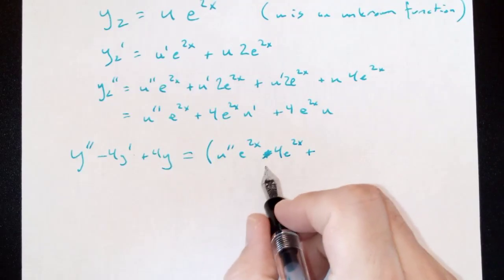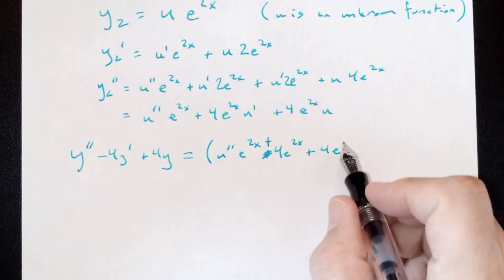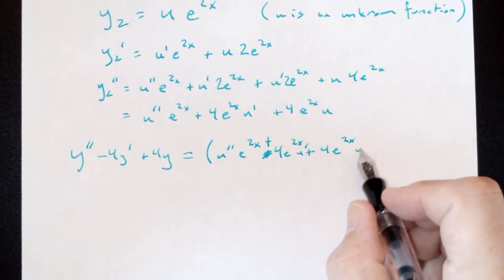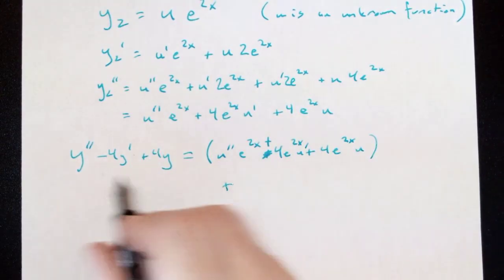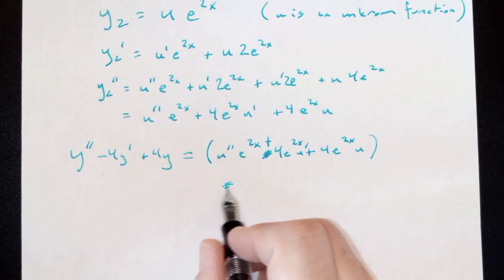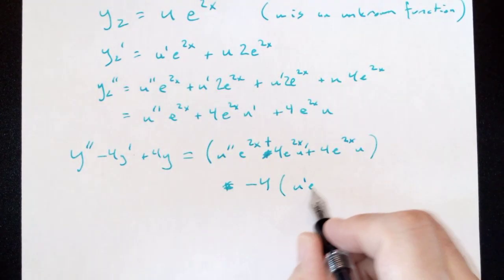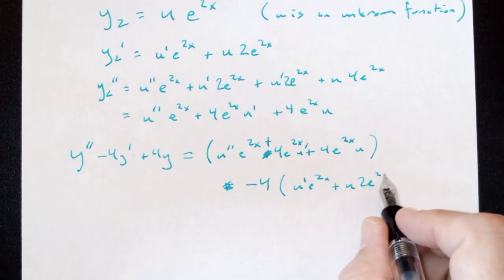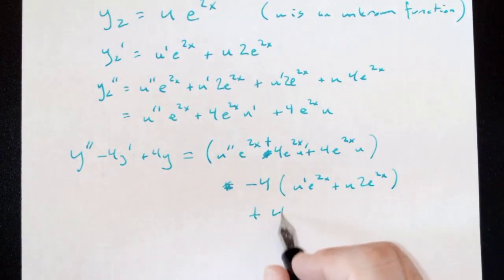Oop, that's a minus sign. No, it's plus sign. Never mind. u prime, u plus. Oh, there's the minus sign. Minus 4 times y prime. u prime e to the 2x plus u 2e to the 2x plus 4y.